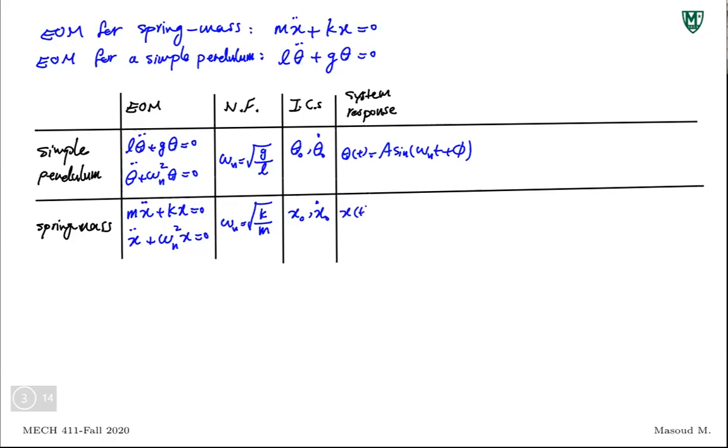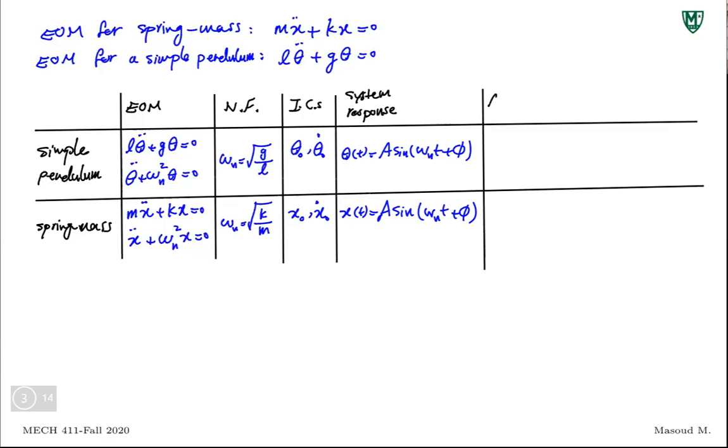So I can find the position of this mass, how far it is from the equilibrium point at any given moment, using A sine omega n t plus phi. Now phi is a little different, A is a little different. We'll see, we just replace again theta naught with x naught and theta naught dot with x naught dot.